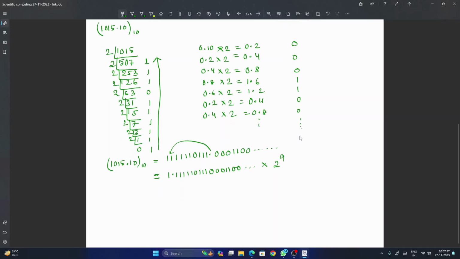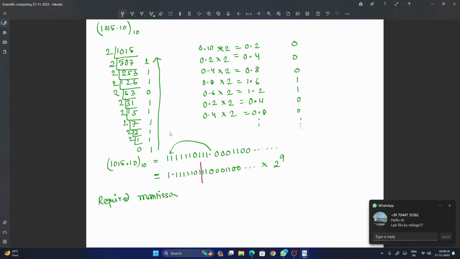That is the format. That means here the required mantissa will take only the 1 and 7 digits after that point, 1 2 3 4 5 6 and 7. So just cut it from here. And then it is 2 to the power what, 9.